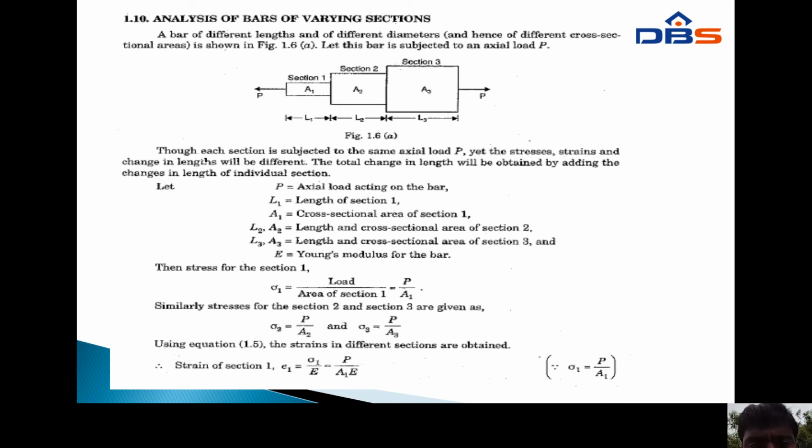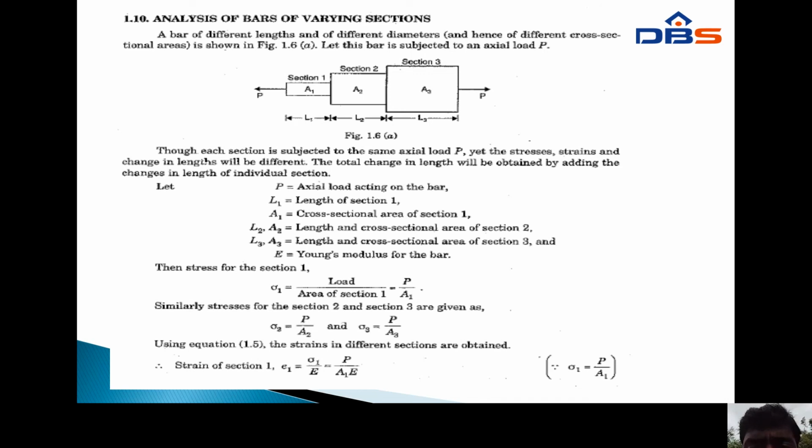Next, the strains in different sections are obtained. Strain of section 1. Young's modulus of elasticity equals stress by strain. Therefore, strain equals stress by Young's modulus of elasticity.